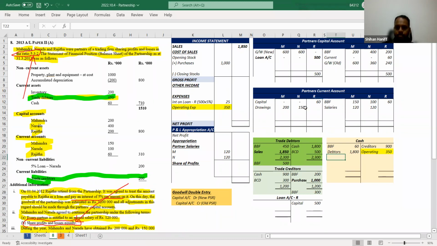And also there are cash drawings. That also we can do, 350.